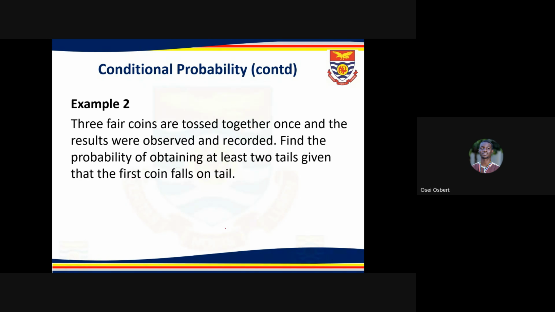So I'll give you time to look at the second question. Let's look at the second question.